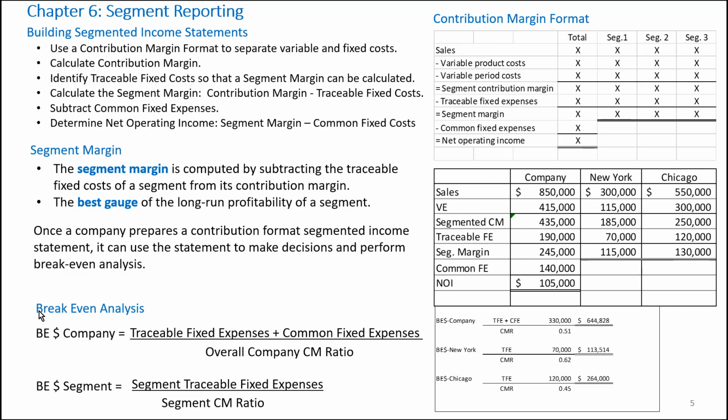If we wanted to know the break-even dollars for the company as a whole, in the numerator we would have to add the total traceable fixed expenses to the total common fixed expenses, and then divide that by the overall company contribution margin ratio. If we wanted to determine the break-even dollars for each segment, we would take the segment's traceable fixed expenses and divide it by the segment's contribution margin ratio.